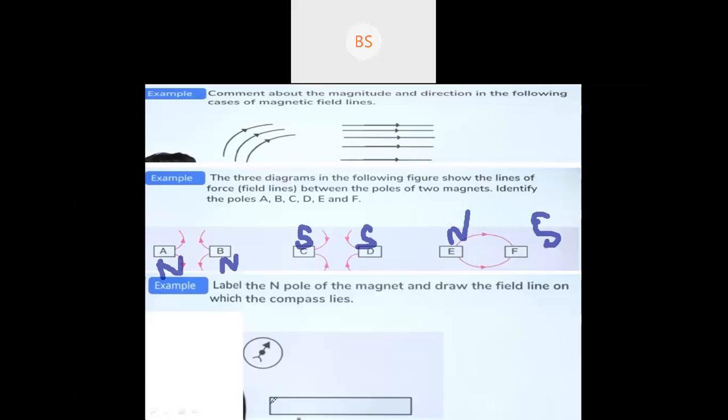Now observe this magnetic compass. With the help of this magnetic compass, can you tell me where the north pole is and where the south pole is? You should know the property of the magnet first.